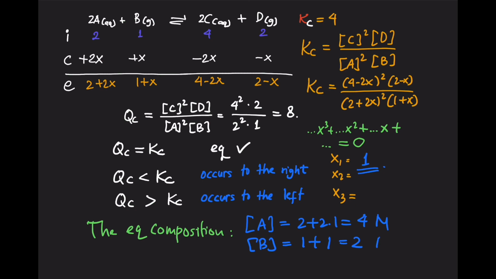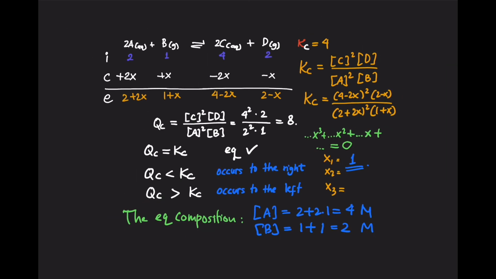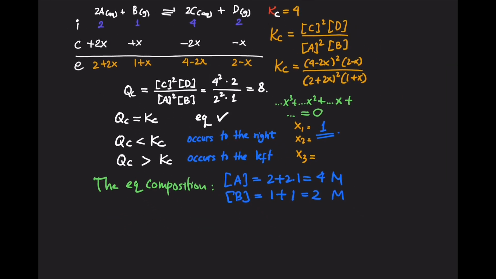Don't forget the unit. This is molar. This is also molar. Then the concentration of C will be 4 minus 2 multiplied by x, so 1. So this is 2 as well. And then D will be 2 minus 1, which is 1 molar.